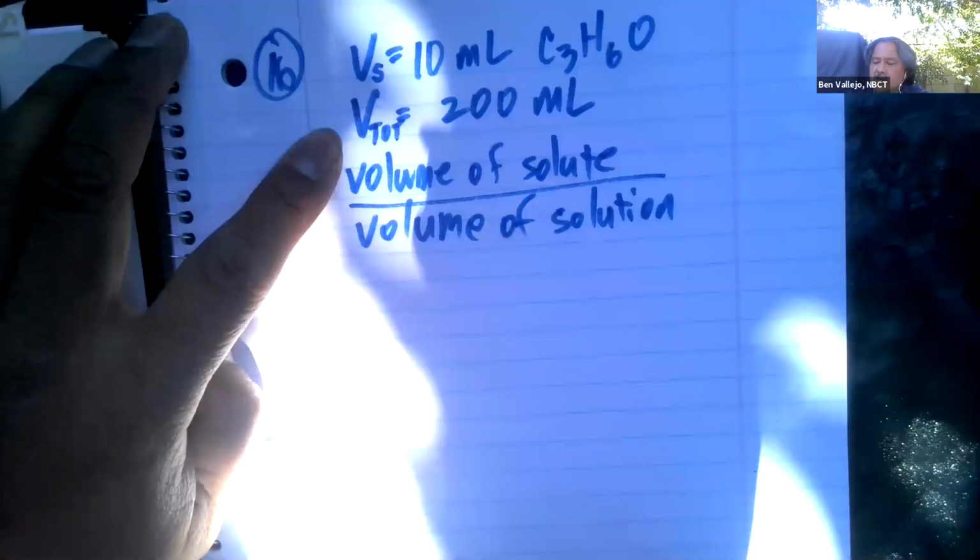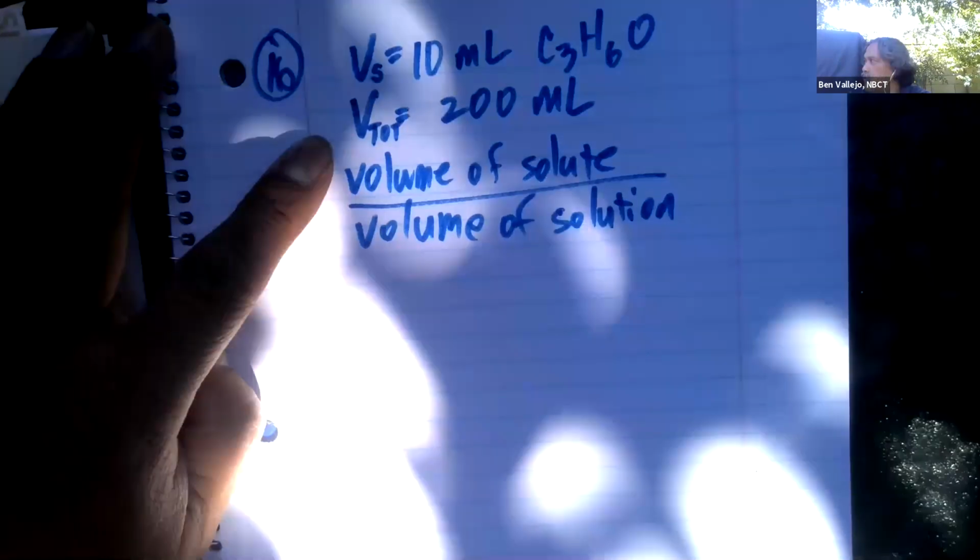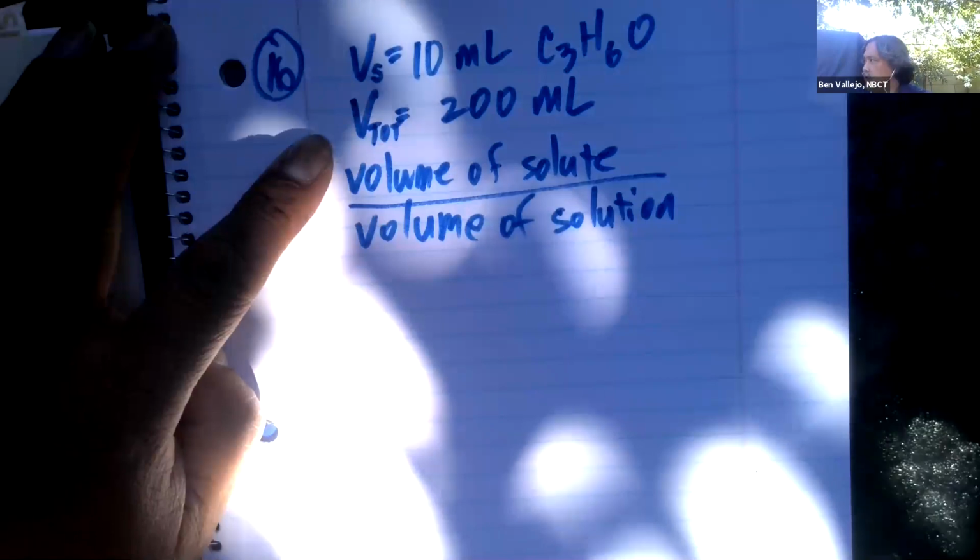So I'm going to put TOT for total. So you can see that's 1 over 20. 1 over 20 is 0.05. You have 2 sig fig, so it's 0.050.